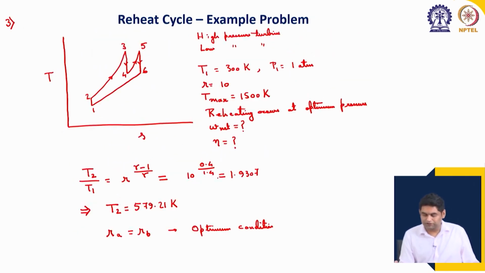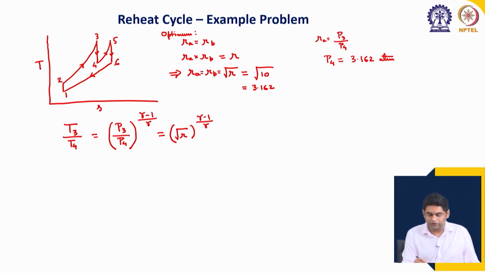Now, we have 3 levels of pressure, one for the initial combustion, one for the reheating and one for the heat removal. Okay. So, in this case this is 10 atmospheric pressure, then you have 3.162 as calculated, or root 10 atmospheric pressure, and this one is 1 atmospheric pressure.